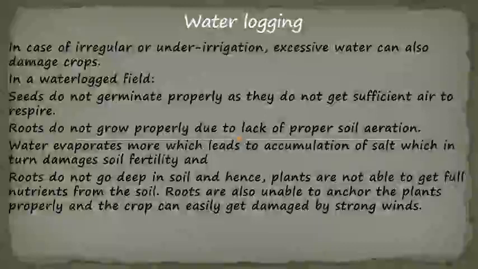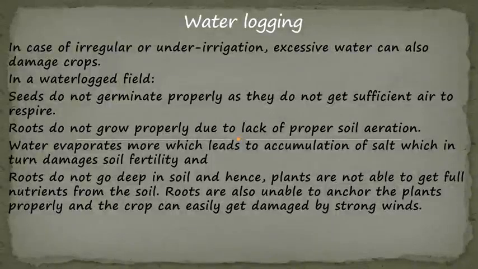Here we will learn about one term called water logging. Crops need an optimum quantity of water. When too much water is given to the crop, it stands in the field and accumulates around the roots. This is called water logging.